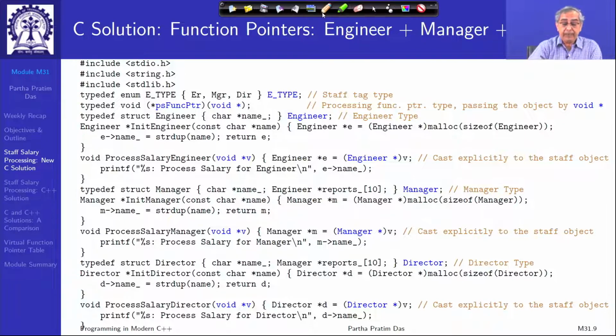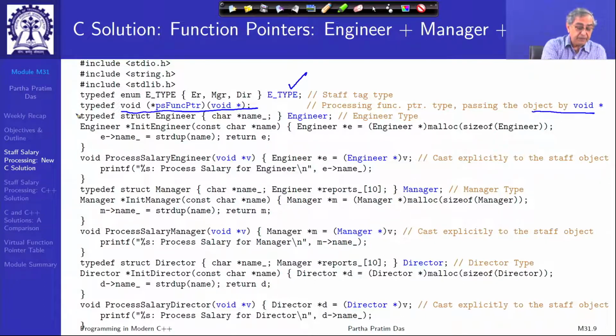So, here is the tag type which we had earlier. This is where I am defining the function pointer for the processing type, PS func pointer, a pointer to a processing function which takes void star, and the objects are passed by void star.